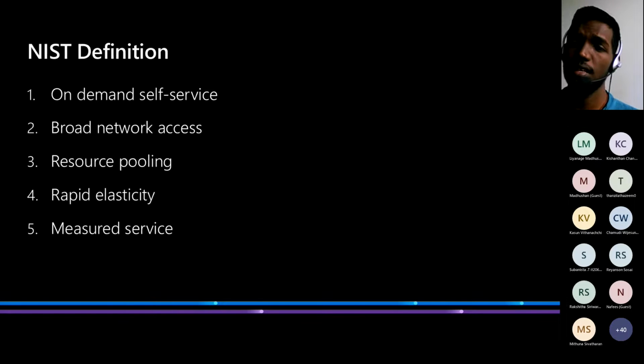Then there is the US National Institute of Standards and Technology, or NIST, which defined five essential characteristics of cloud. The first is on-demand self-service.